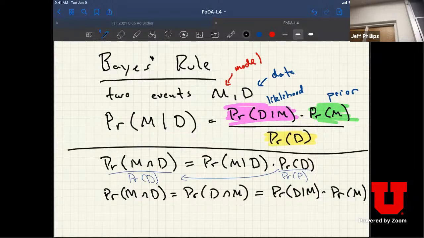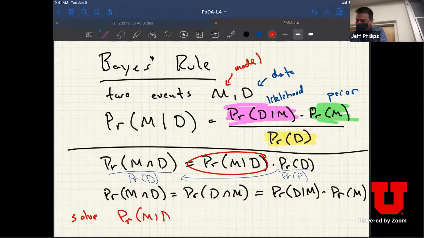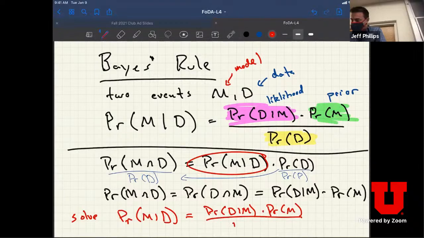I can now solve for this term, and it will be equal to the probability of the data given the model, from the right-hand side of the bottom expression, times the probability of the model, divided by the probability of the data.